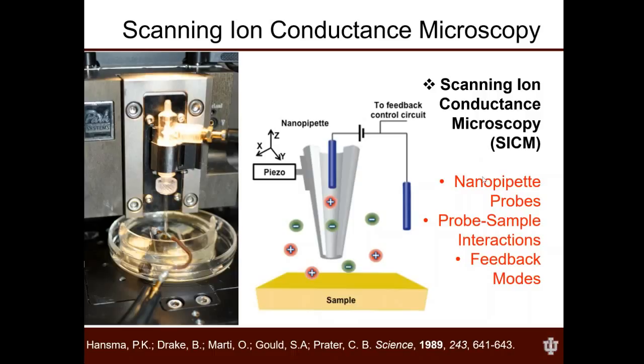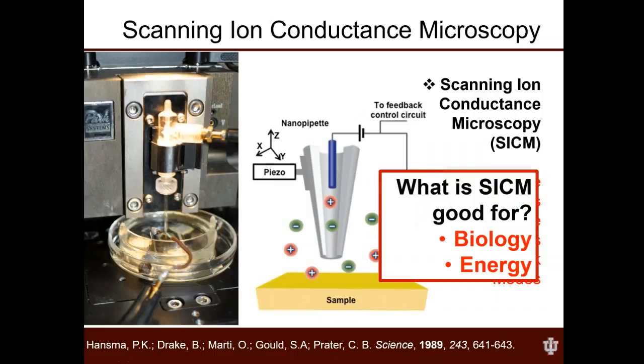The big question then becomes: what is SICM good for? What can you do with it besides take pictures? And really that's where SICM has had a big push in the last maybe 10 years. A lot of people used SICM initially because you could take very interesting high resolution images.